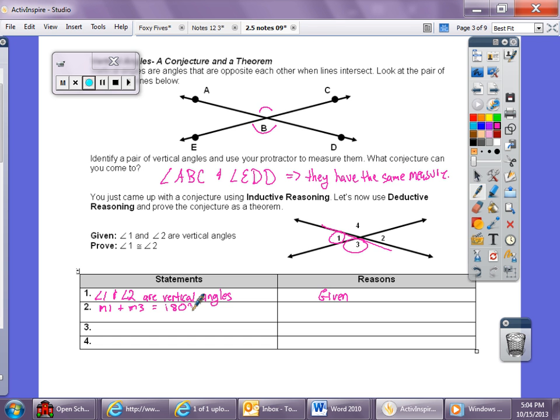We also know that the measure of angle 2 plus the measure of angle 4 equals 180 degrees. Here's angle 2 and here's angle 4. This is our linear pair property. They're a linear pair, and we know that linear pairs add up to 180 degrees.